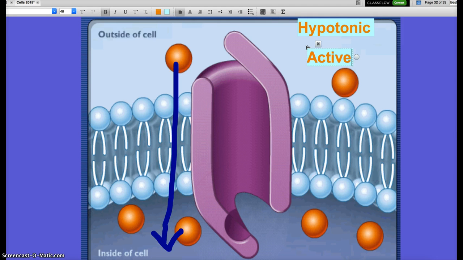So the molecule went from less to more. Now, the molecule went through active transport and it went into the cell. What type of active transport is that? Endocytosis. Awesome.